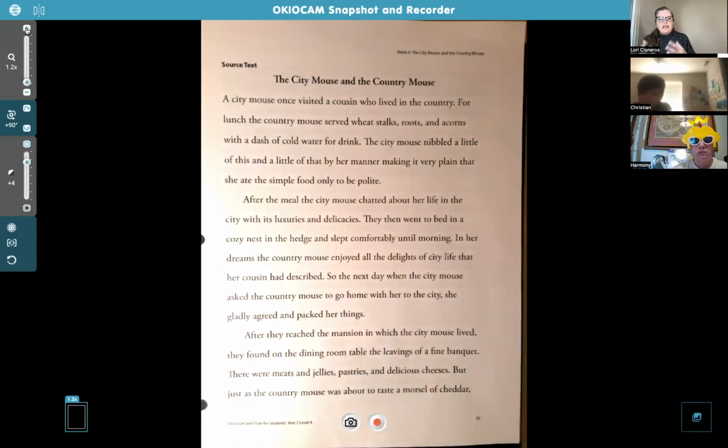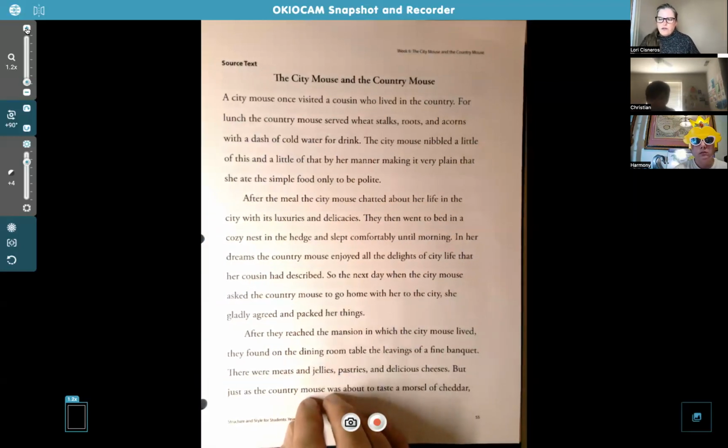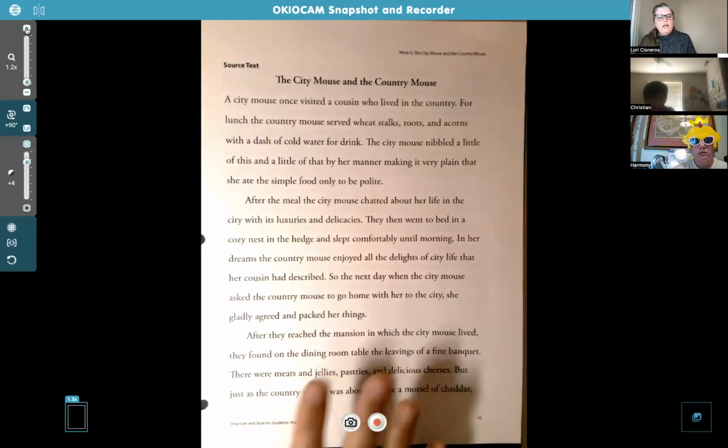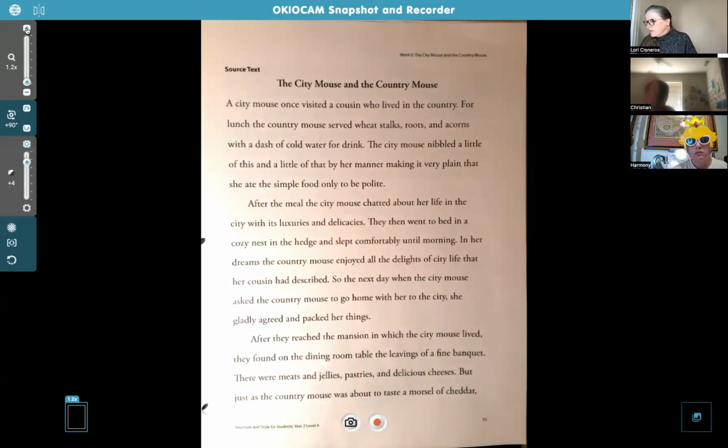And you're going to be thinking of who the characters are, where they are, what the problem or the conflict is, remember, and then the climax and resolution. Be thinking of those parts of the story as we read it, and then we'll start filling out the story sequence chart. So I'm going to go ahead and read it. You guys just follow along on yours as I read.